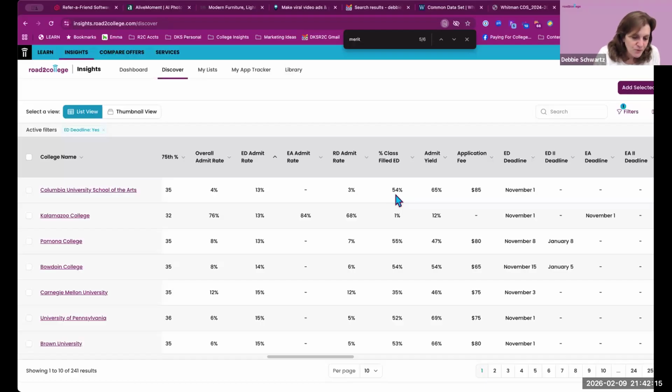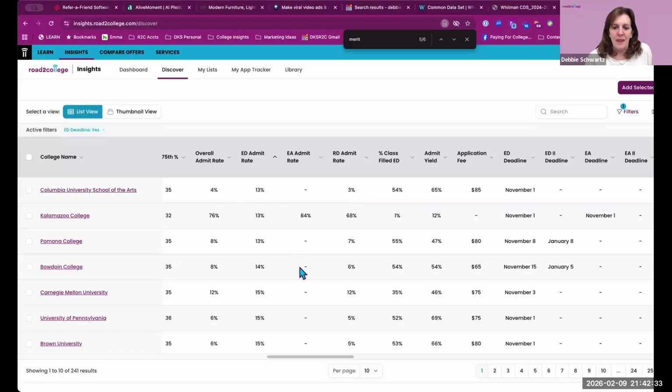So that means that there are fewer spots available for regular decision, but a lot more students apply. That's why the admit rate overall was 4%. And actually, you can see we break it out. The admit rate for just the regular decision applicants was 3%.